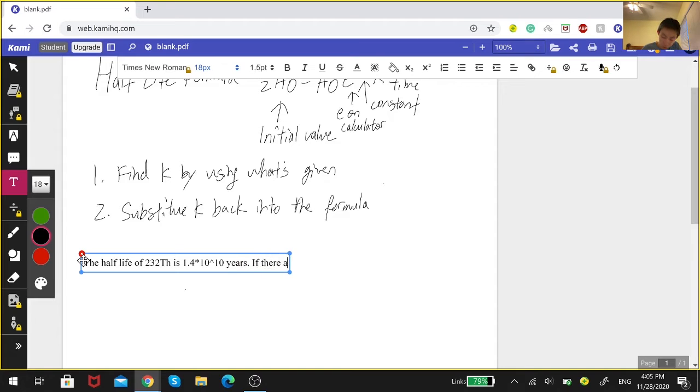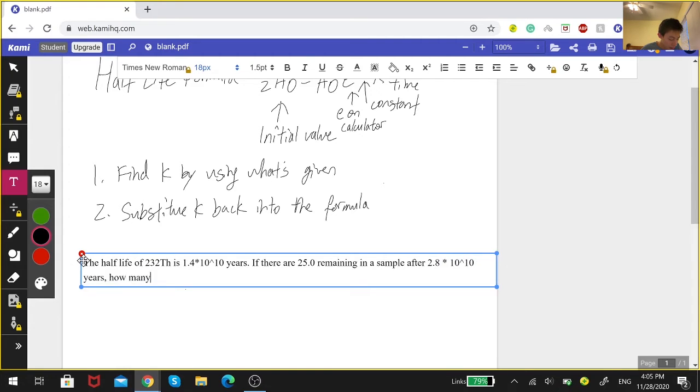If there are 25.0 grams remaining in a sample after 2.8 times 10 to the 10th years, how many grams were in the original sample? So you're going to put what you're given into the formula.